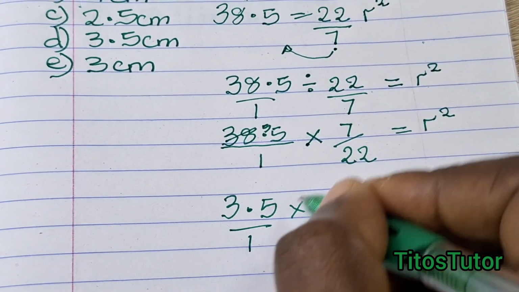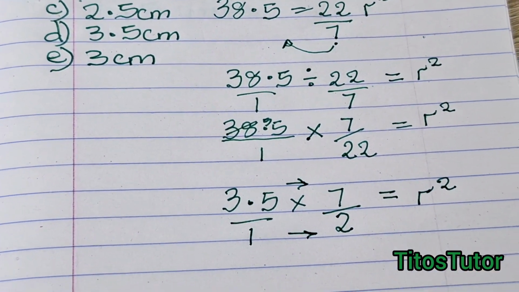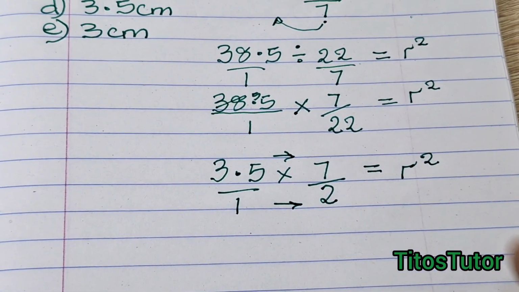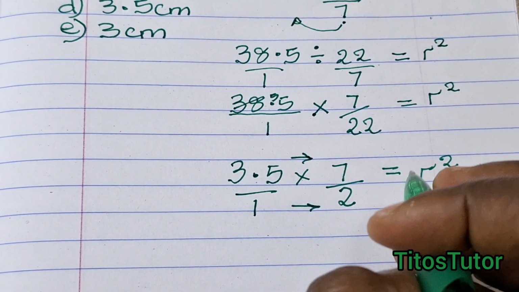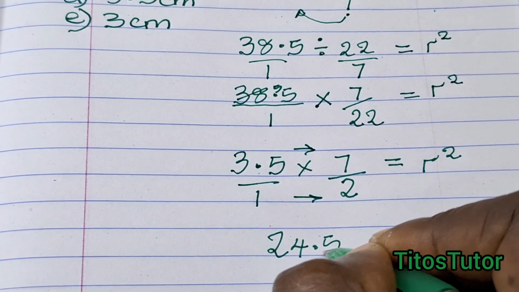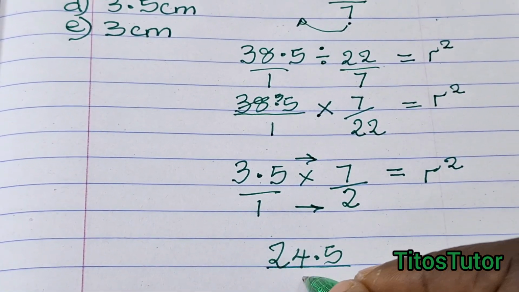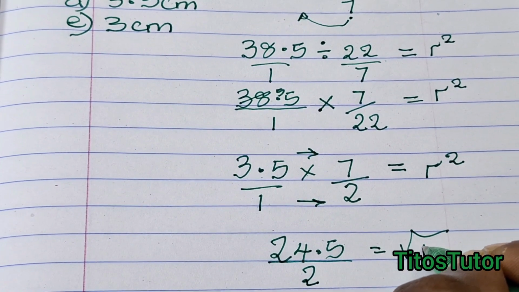So I'm going to multiply straight because that's the only way I can multiply in fraction, right? So I have 3.5 times 7 is 24.5. 1 times 2 is 2. This gives me r square.